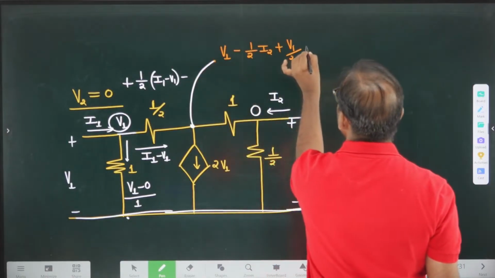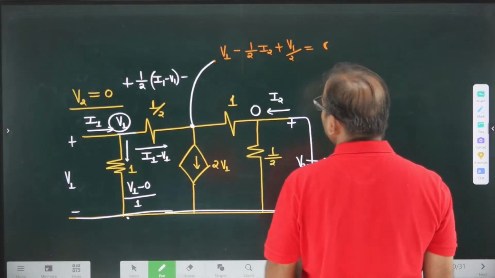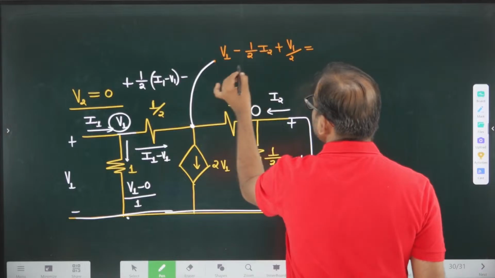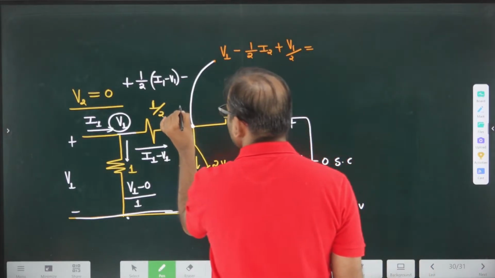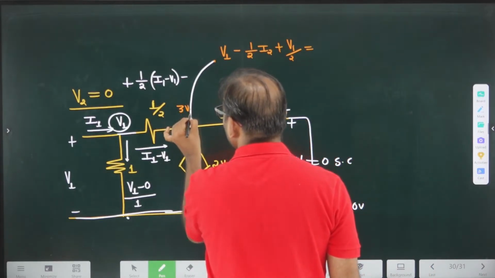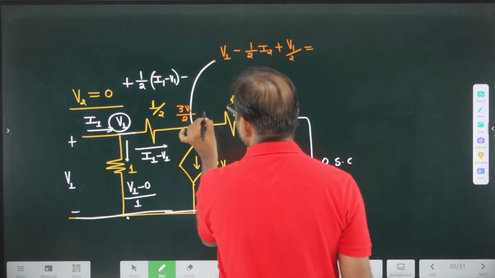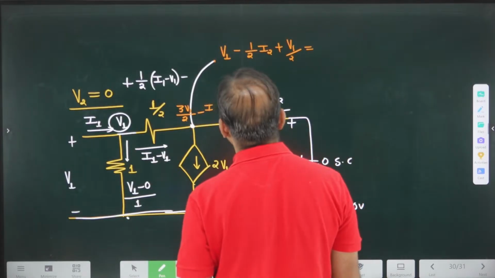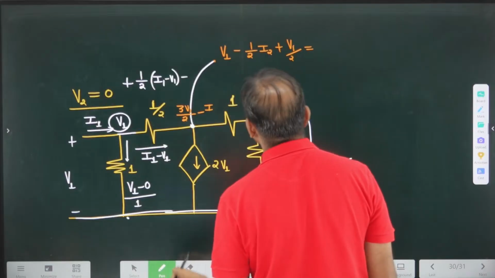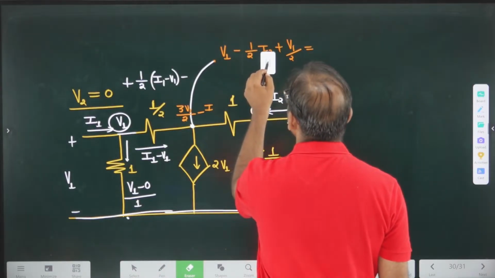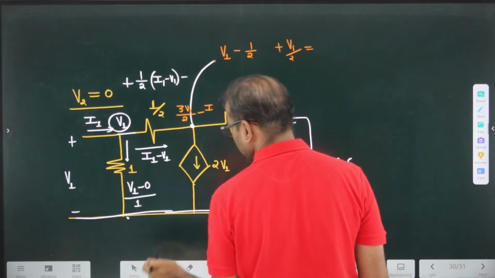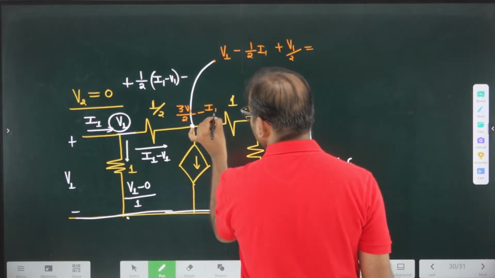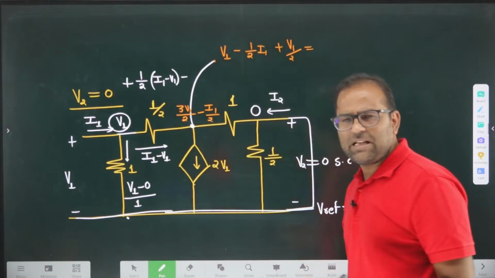This value is given by equal to 0 is the potential of this point. So V1 plus V1 by 2 is 3 V1 by 2 minus of I1, not I2, it is I1. Minus I1 by 2.